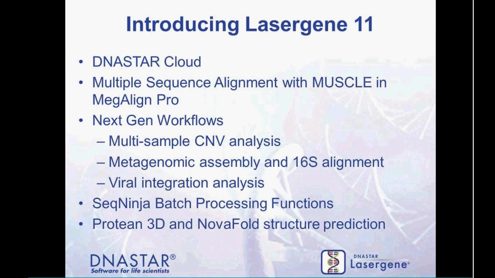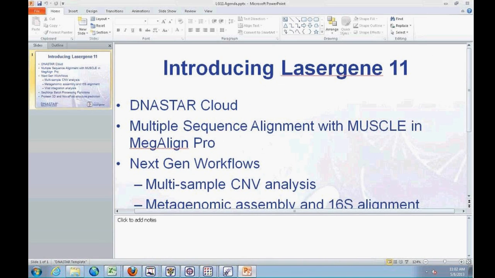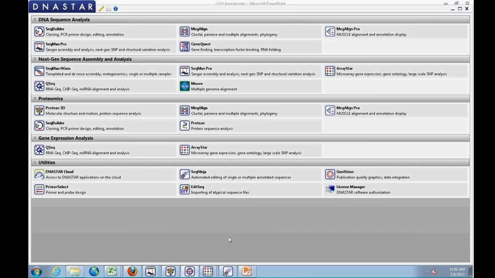Then we'll walk through some different next-gen workflows, such as multi-sample CNV analysis, metagenomic assembly, 16S alignment, and viral integration analysis. Then I'll go through and talk about some new batch processing functions in our SeqNinja application, and wrap up the webinar with a discussion of Protein 3D and give you a sneak peek into our upcoming NovaFold structure prediction.